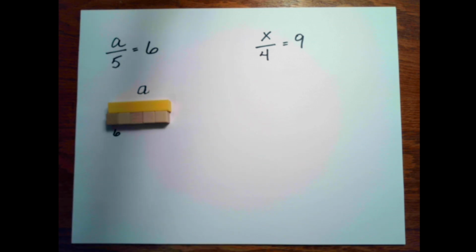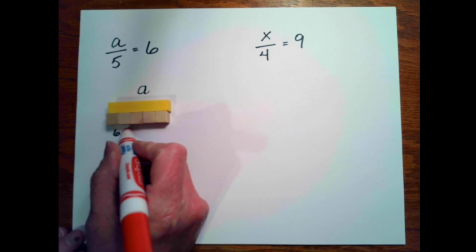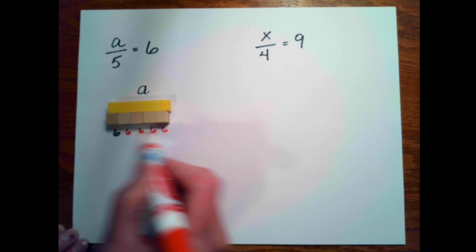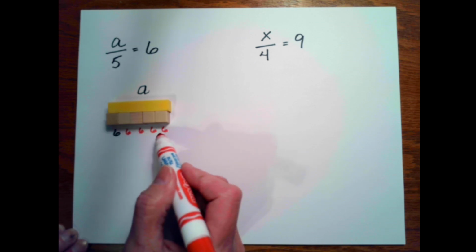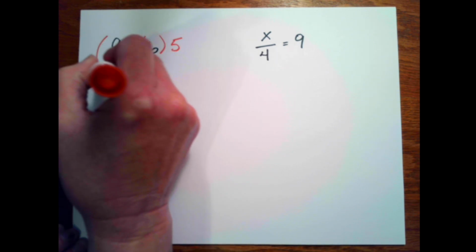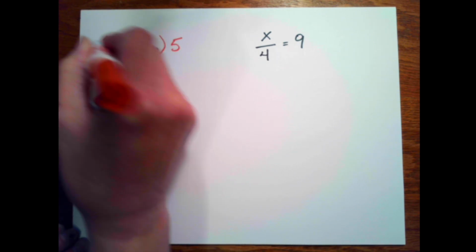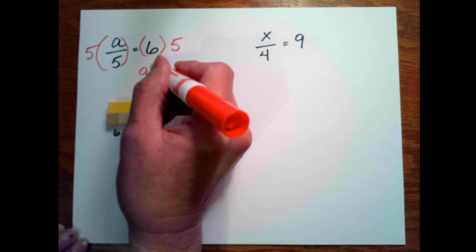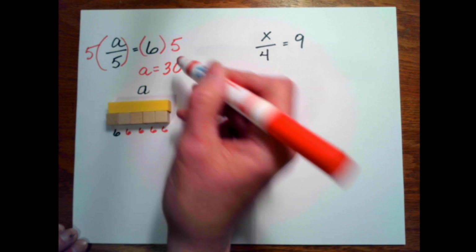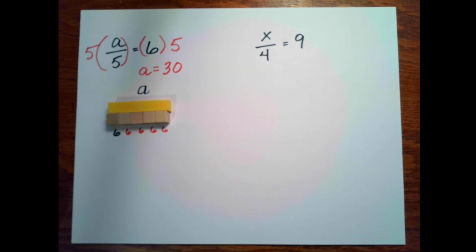So if I want to find the value of A, what do I have to do? I need actually all 5 of these, right, to find the value of A. So I'm taking this 6 and I'm multiplying it by 5. And that's what I'm doing here too. So now I know that A is equal to 6 times 5, which is 30. So students start to understand why we're multiplying by 5.